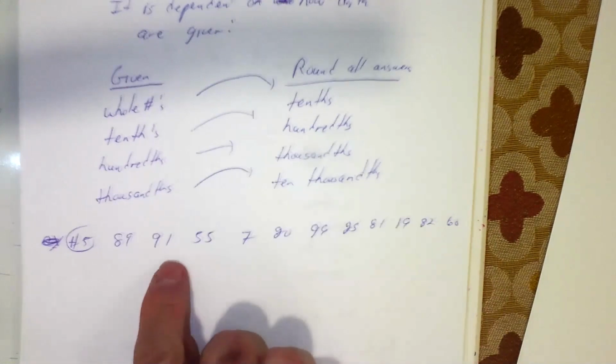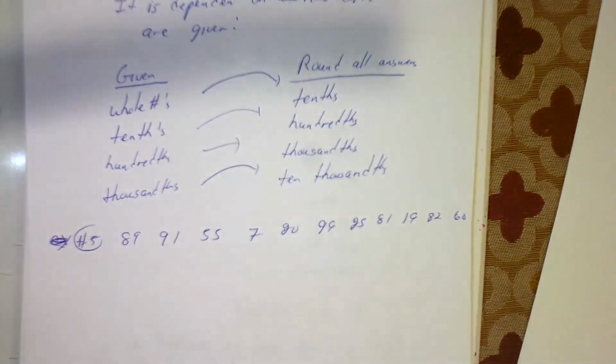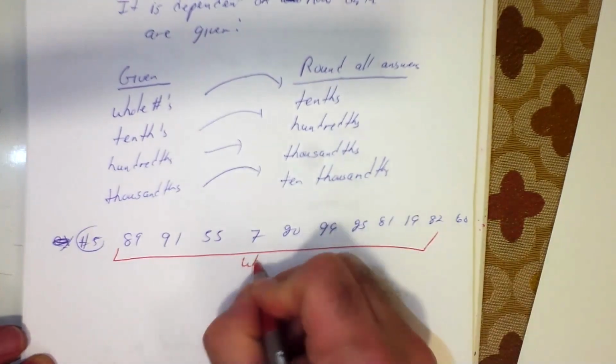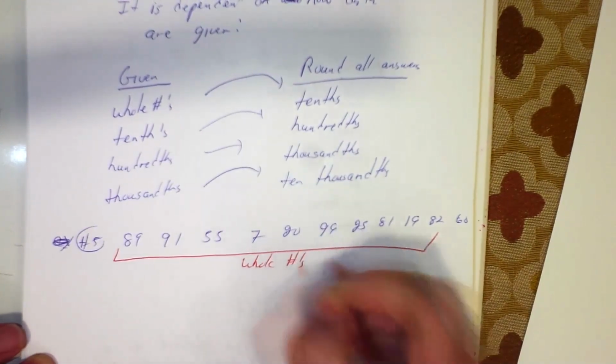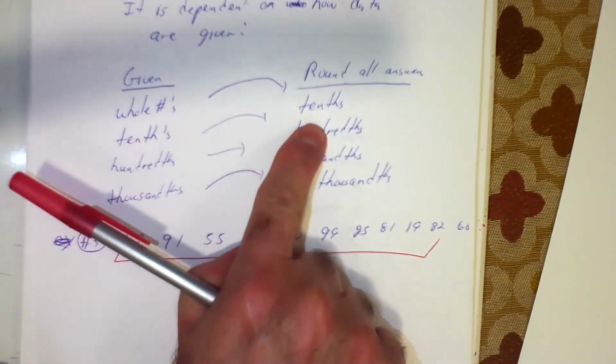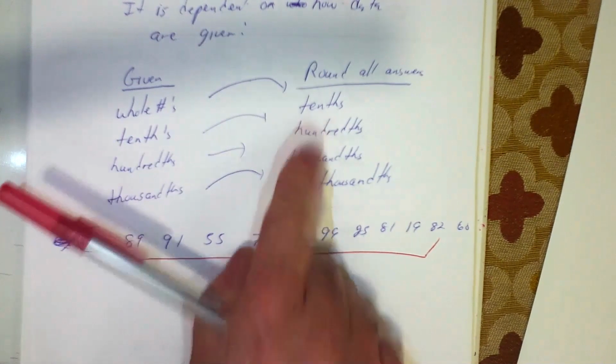Notice all of these are what? They are all whole numbers, which means I have to round them to the tenth.